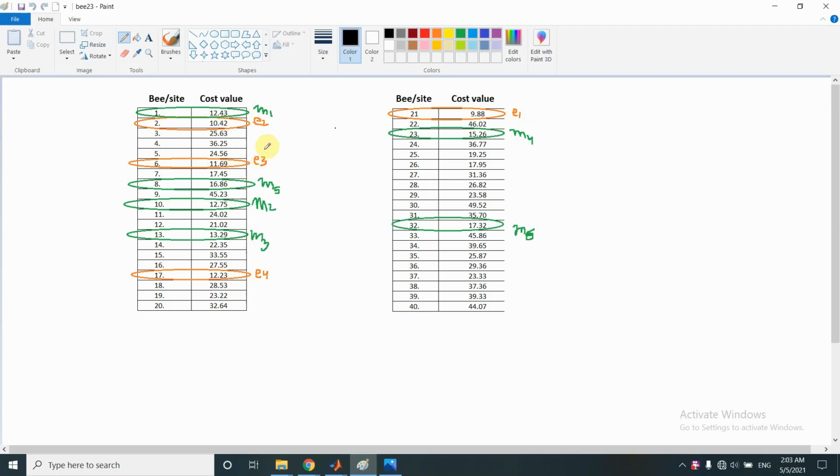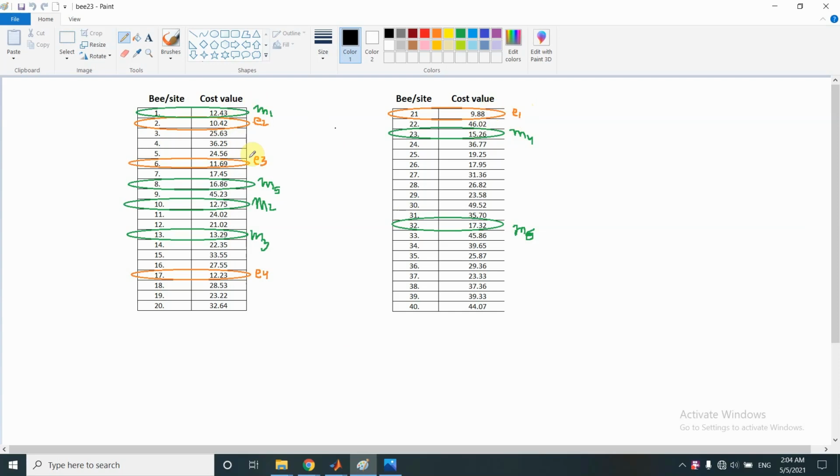As you can see here, the cost value of 9.88 is the least among all these sites, so it is the best site. This is the first elite site. Then the second elite site is with the cost value of 10.42, then next 11.69, and then 12.23.